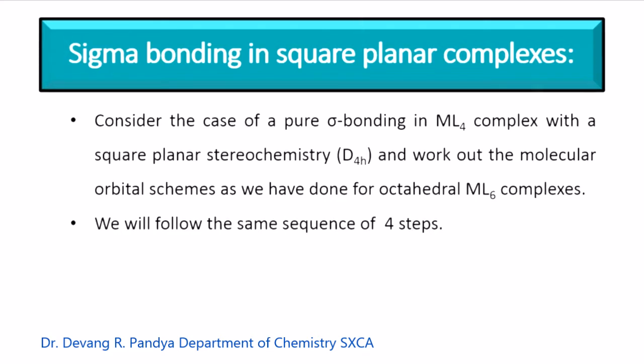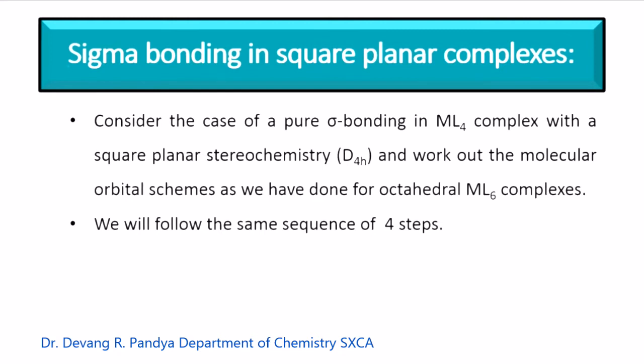In LGO formation also we assign the symmetry terms, and because this complex formation undergoes SALC, symmetry adapted linear combination, we match the symmetry of the LGO with the symmetry of the valence atomic orbital of the central metal ion. When the symmetry matches, the overlapping will take place. That is what is involved in the second step.